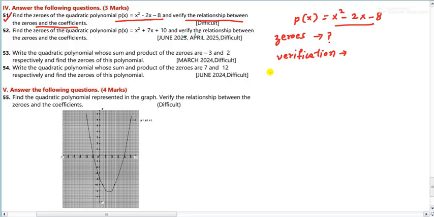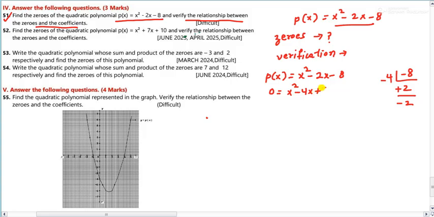To find the zeros, we are going to use the method of splitting the middle term or factorization. Got it? So it's minus 8 and minus 2. I think for 4 and 2 we will directly get minus 4 plus 2. Right? I hope you know this step. So x square minus 4x plus 2x minus 8 equals 0.